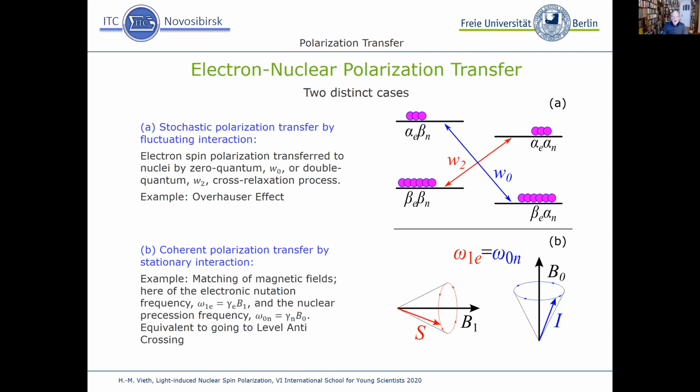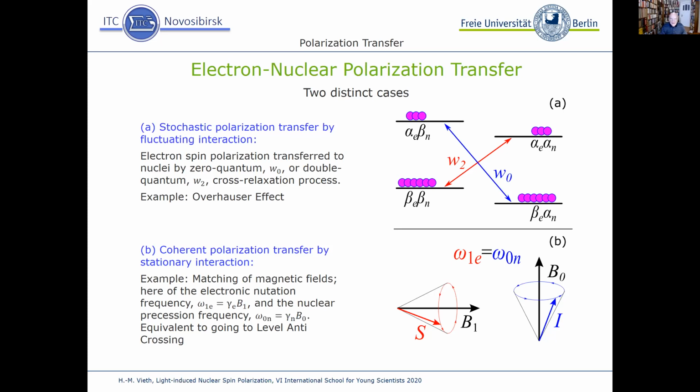So by zero quantum or double quantum relaxation processes, as shown in the upper picture, we can couple the different levels that are involved. Or in the lower part of the picture, B is shown how we can use coherent polarization by a stationary interaction.